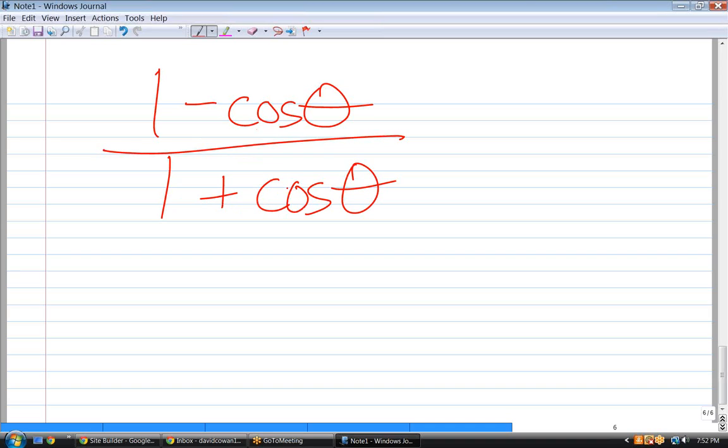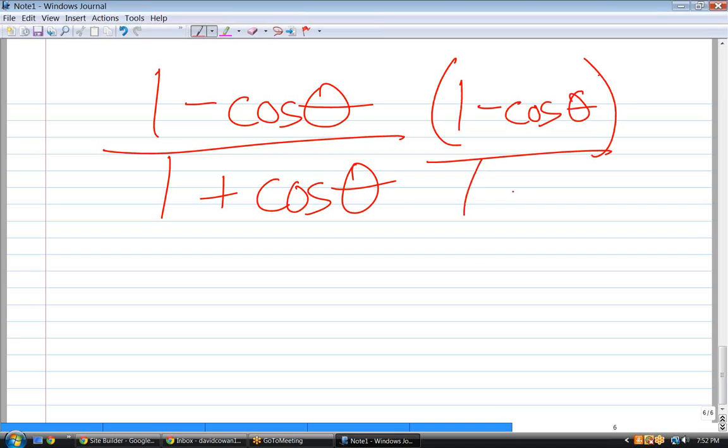In other words, one of the things you attempt to do when you try to verify trig identities is to turn 2 terms into 1. Okay, well, what I would want to do is multiply by the conjugate of the bottom.